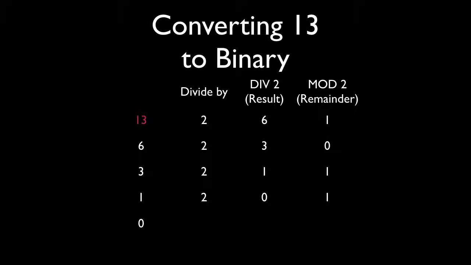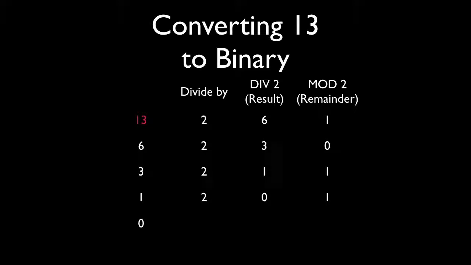We then take this 6, put it down here, and divide by 2. What's 6 divided by 2? What's the remainder of 6 divided by 2? 0. 3 goes in evenly. 3 divided by 2 is 1 with a remainder of 1. 1 divided by 2 is 0, because 2 doesn't go into 1, and there's a remainder of 1. So that's how the book tells you to do it.